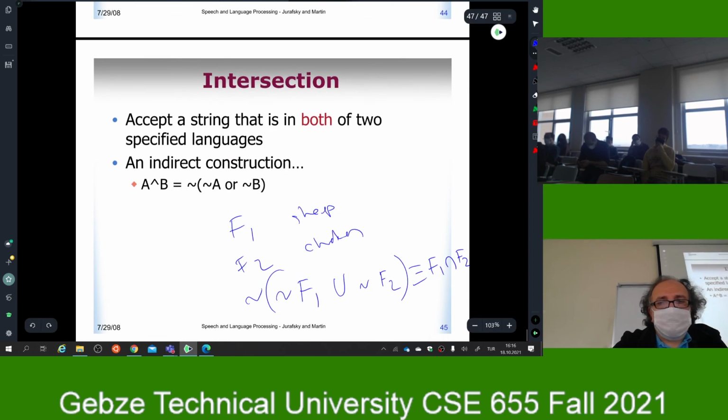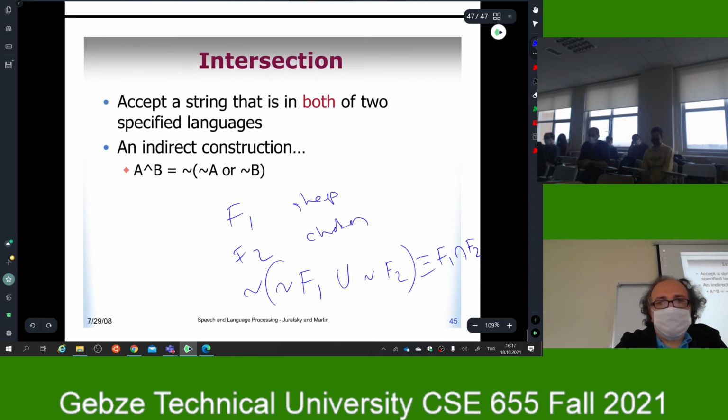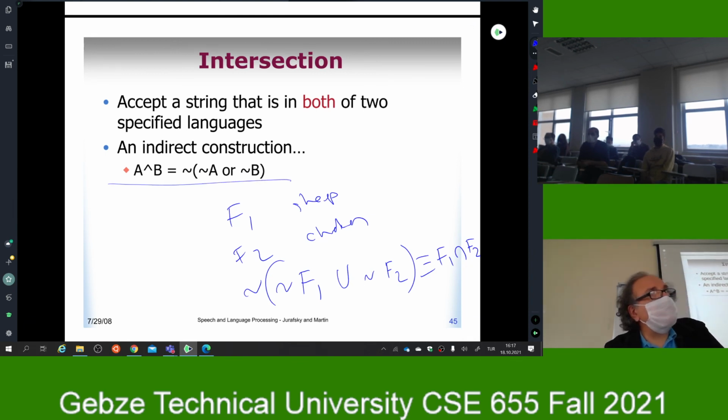The interesting thing is the intersection. Intersection uses this idea. What is an intersection of two languages? Two languages are accepting strings. I'd like to have a finite state automata that accepts only the common words. This is what you do.